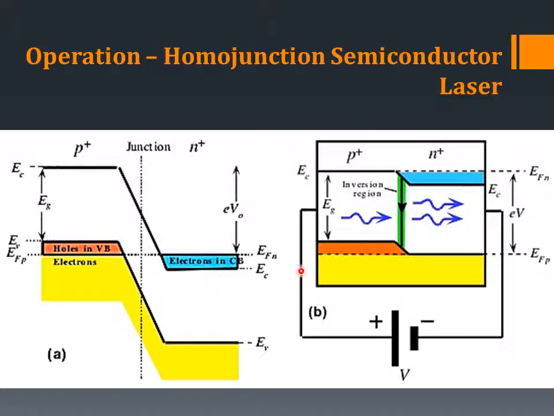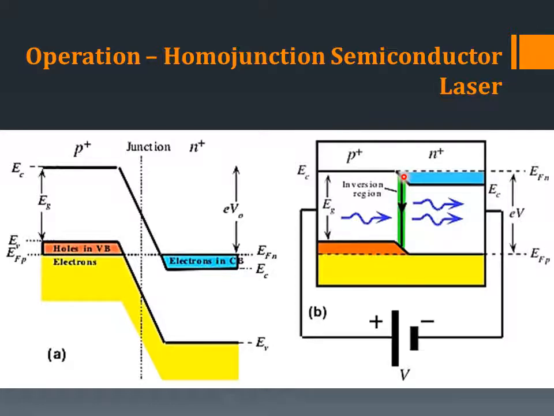Similarly, holes which are present in the valence band of the P type start moving towards the N region. Therefore, there is a continuous injection of minority carriers from the P side to the N side and similarly from the N side to the P side. This is called minority carrier injection.